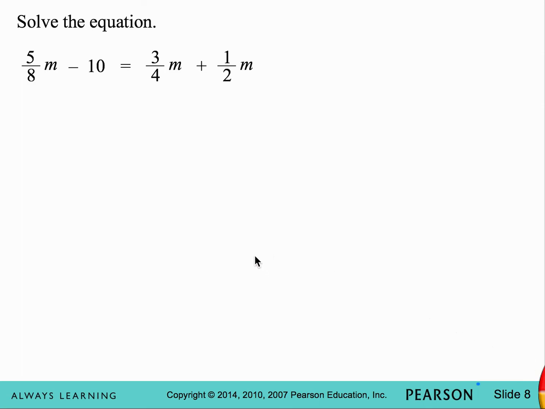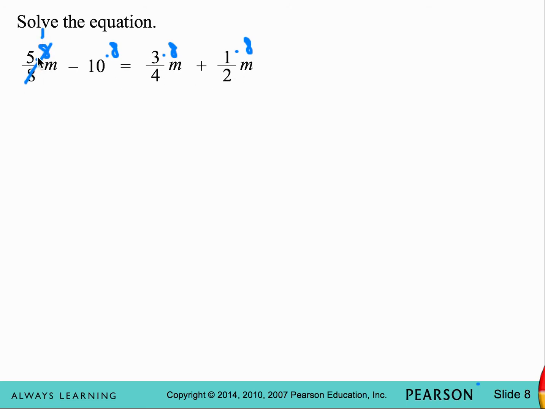Okay, fractions again. How do we get rid of fractions? What is the common denominator? 8. Okay, so we're going to multiply every term by 8. 8 divided by 8 is 1.